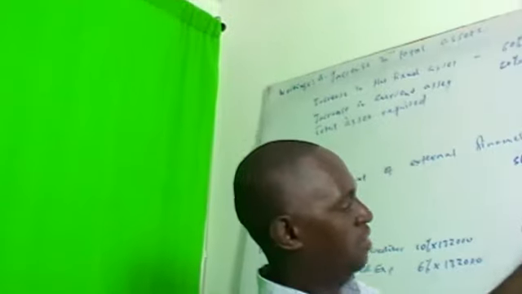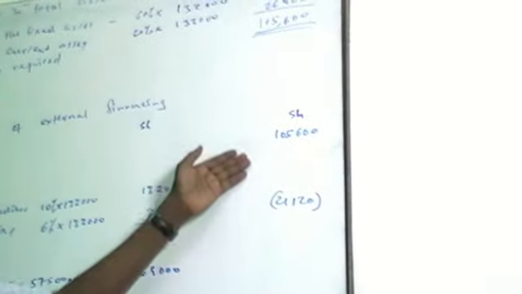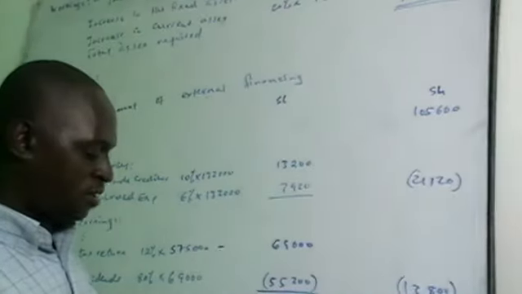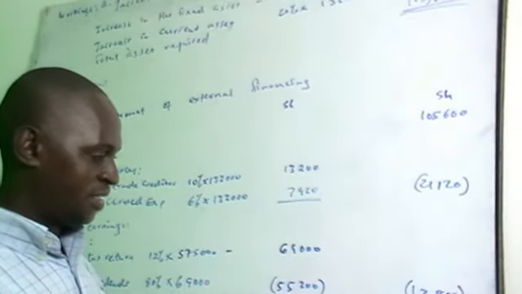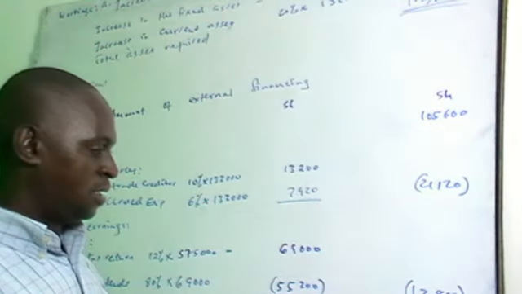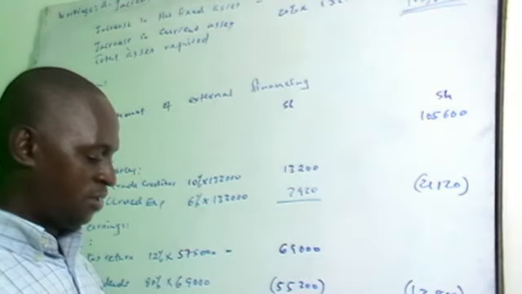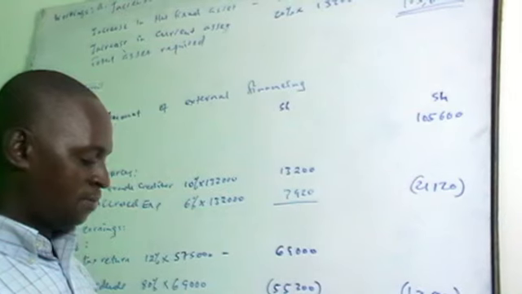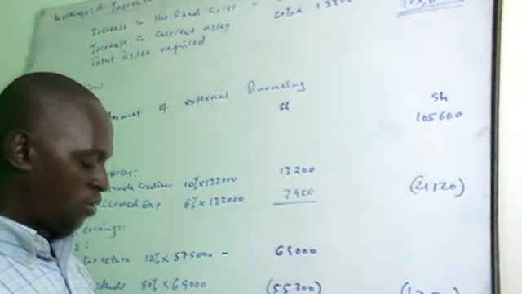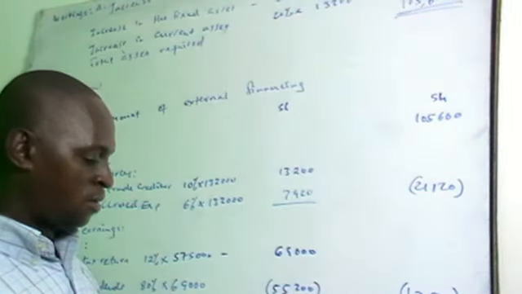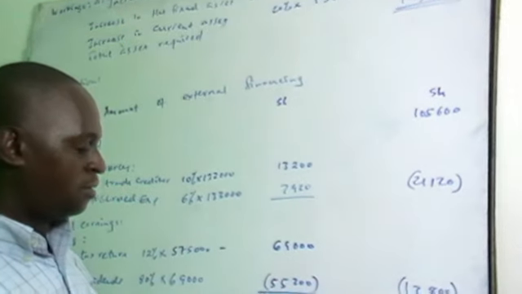Now let's calculate the deficit. So this is 15,168 plus 13,800 plus 21,120. That gives us 50.